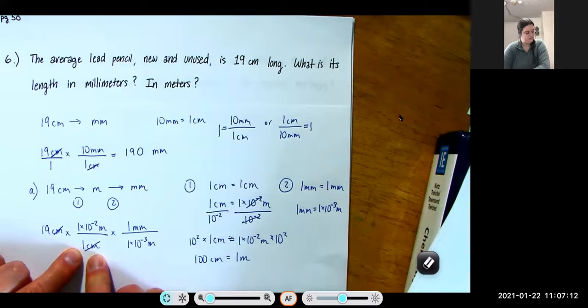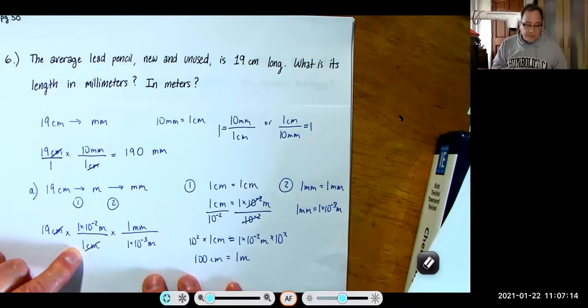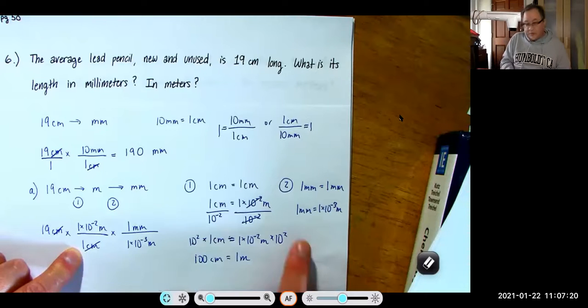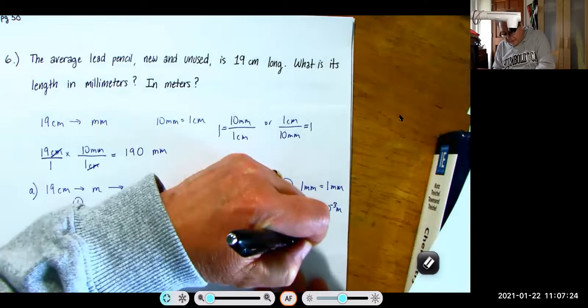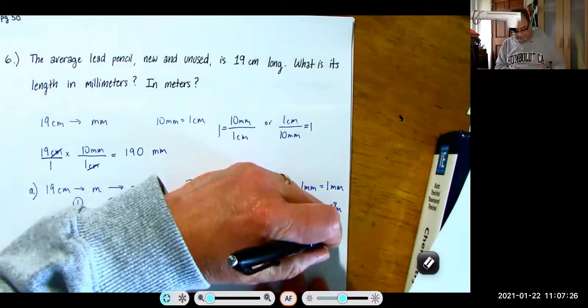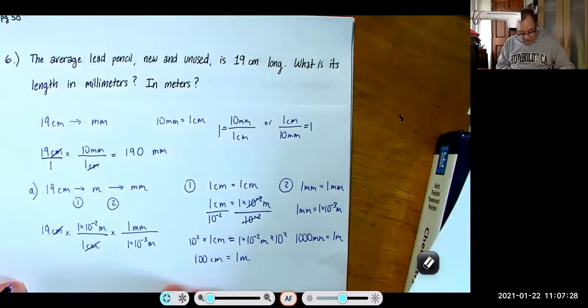Humans are more comfortable not working with negative exponents. So what would this one become? This one would become 1,000 millimeters is 1 meter. And so we could have written this, and this would also be appropriate.